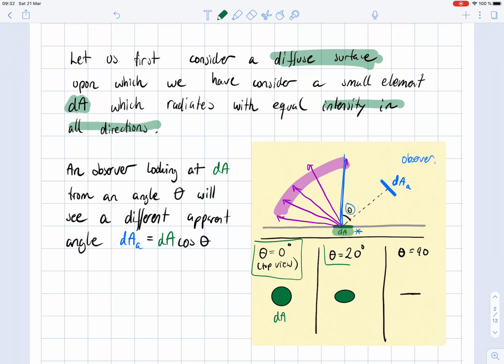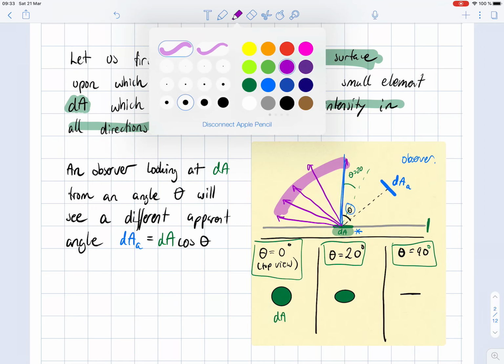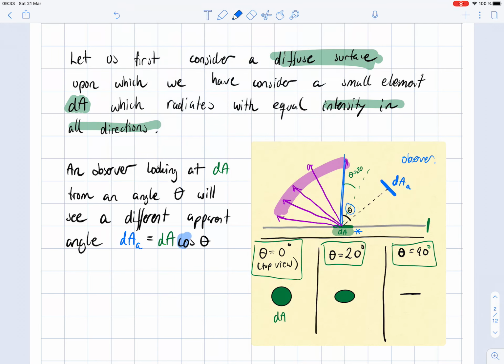If you move to theta equals 20 degrees, so something like here, the area will appear flatter. It will look more like an ellipse. If you go all the way down to 90 degrees, that is, you go here and look along the surface, you will essentially not see anything at all of dA, you will just see a line. So all of this depends upon the cosine of the angle that you are observing at.